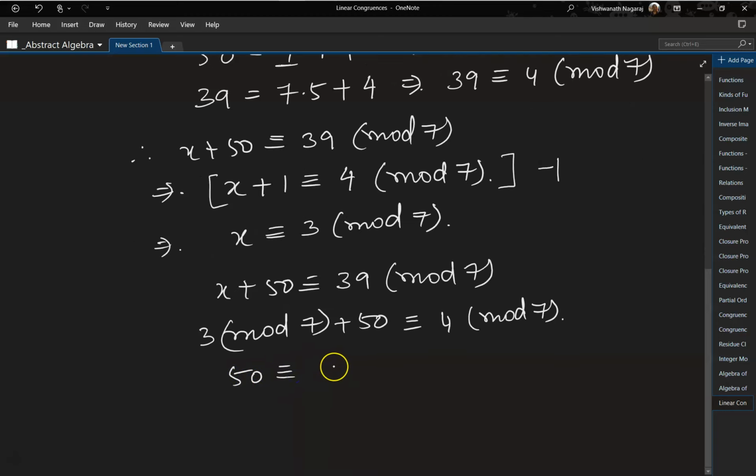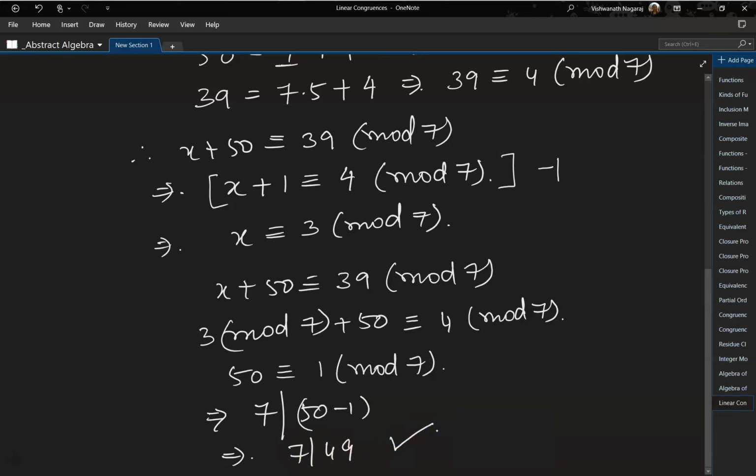We get 50 is congruent to 4 minus 3, that is 1 mod 7. And now we can easily figure out whether 7 divides 50 minus 1, that is, 7 divides 49. And the answer is yes, 7 does divide 49. So that means this is the correct solution.